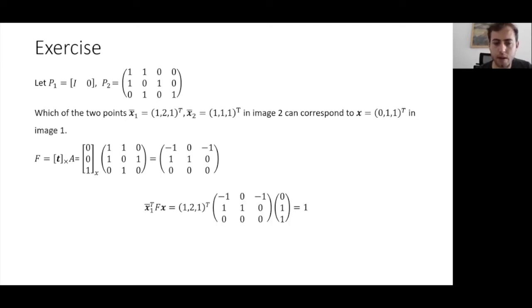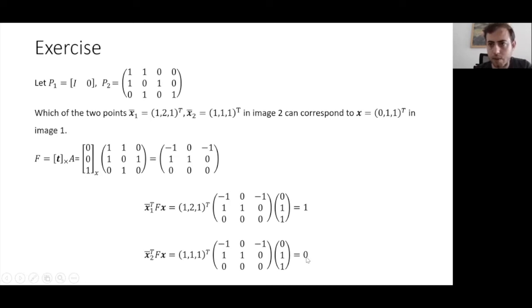I can just try to see if I map X to this corresponding epipolar line. I can check whether this multiplication is 0, which means that X bar is on the corresponding epipolar line. So for X1 bar, if I do this multiplication, I get 1, which is not 0. But for X2, I'll get 0.